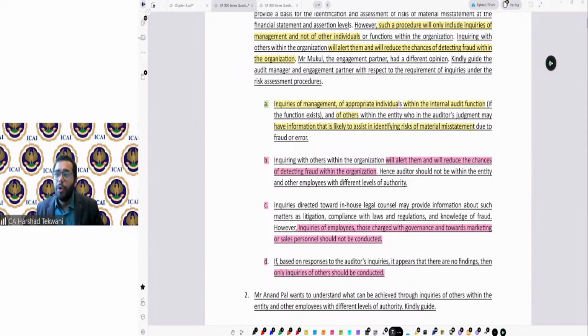You are requested to guide him on what information he can achieve through inquiries with others within the entity and with different levels of authority. You can give an example of internal audit, in-house legal counsel. What information should we expect from there, which can help us in our risk assessment procedure?